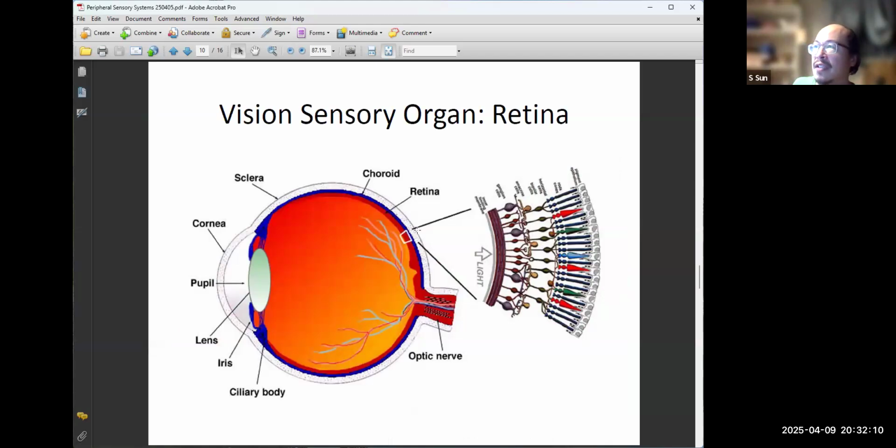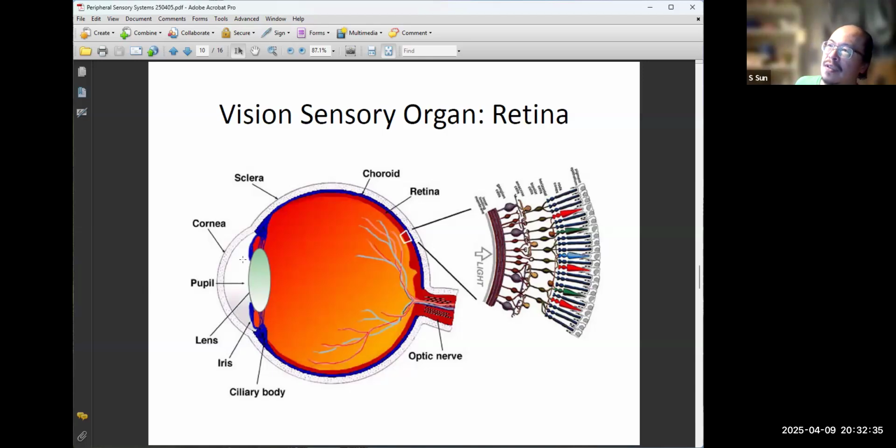And particularly the sensory nerves are located in the back of your eye. The layer is called the retina. And so this is the organ of your vision, the sensory organ of your vision. Light comes through the cornea. The cornea is totally transparent.